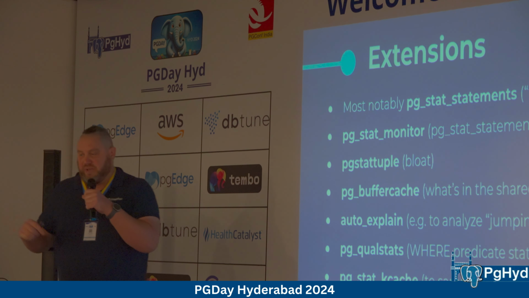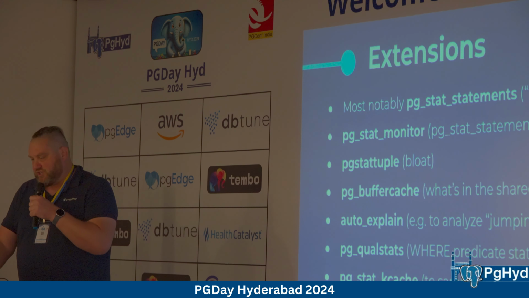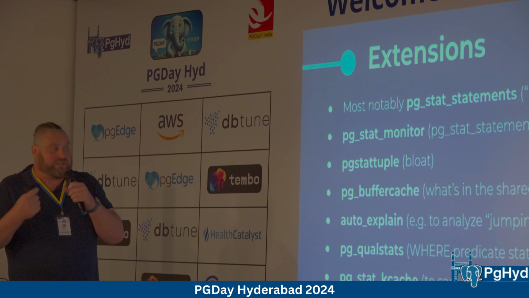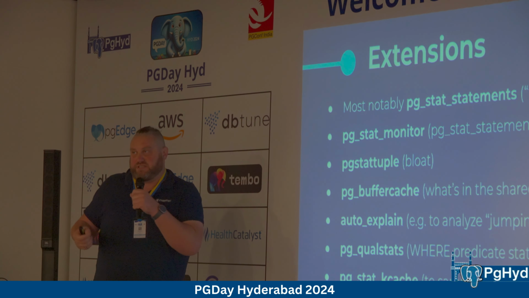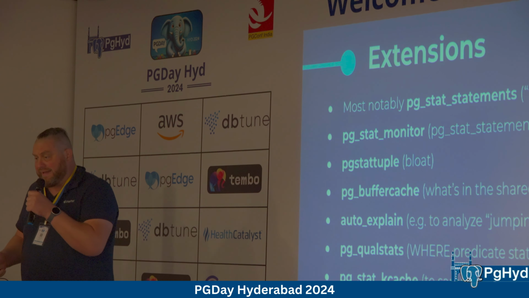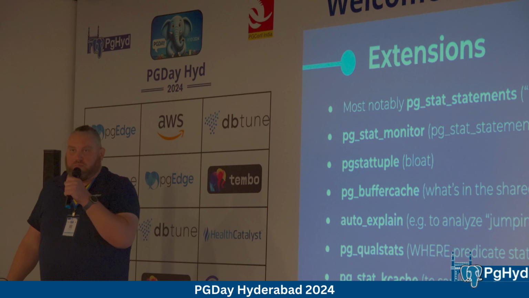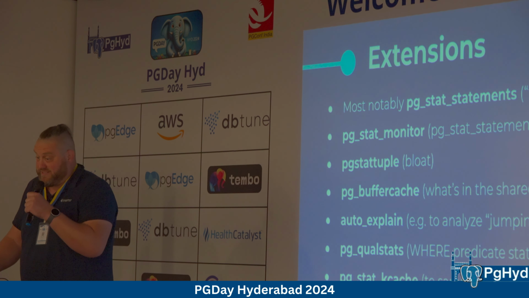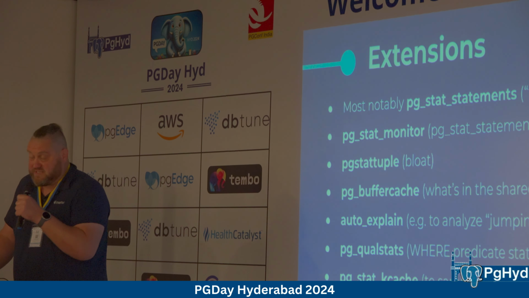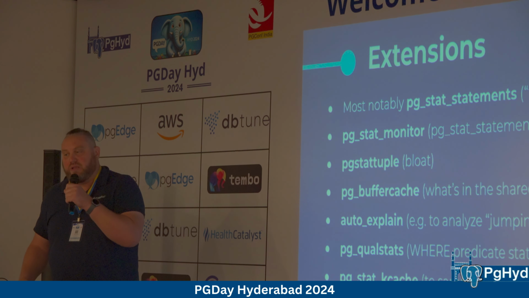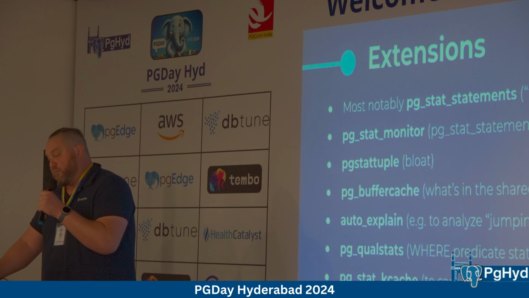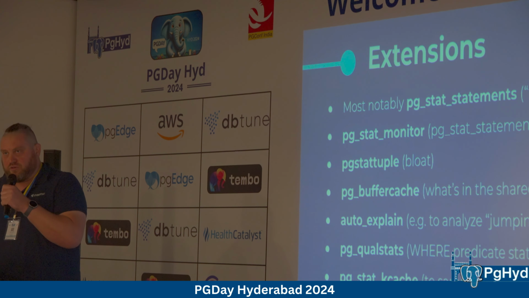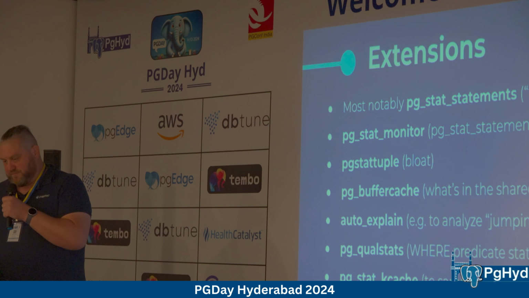Are they good or are they bad? And pg_stat_kcache allows you to access some operating system metrics. And of course, not all of them are available on cloud. I would say none of them. pg_stat_statements is, but all the others are probably available only if you are running your own server.